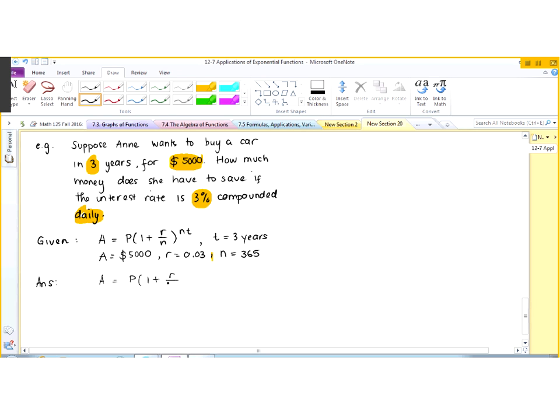Okay. So anyway, let's write it down. A is equal to P times 1 plus R over N raised to the NT. So do we know what A is? Yeah, 5,000. P, I don't know what P is. 1 plus R is 0.03 divided by 365 raised to the 365 times 3. Okay. How do I solve for P?